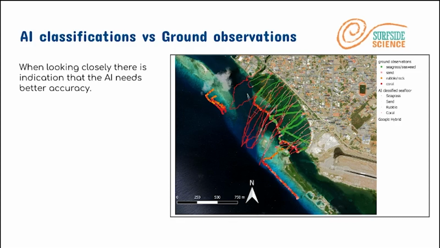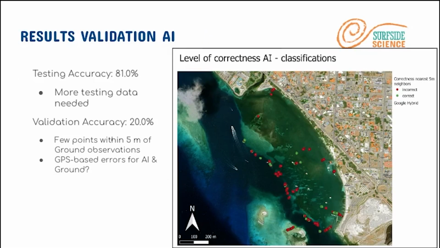So when looking at the classifications, our AI needs better accuracy. Our system demonstrated a testing accuracy of 81%, and this was evaluated through a rigorous testing process, which involved assessing the system's ability to classify seafloor data.